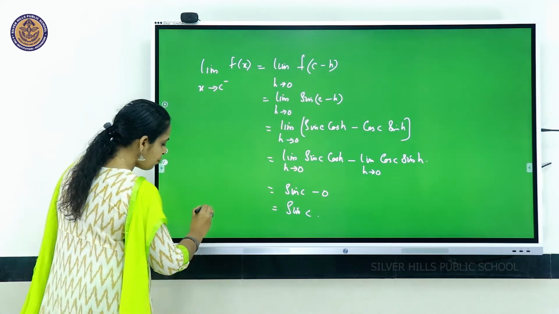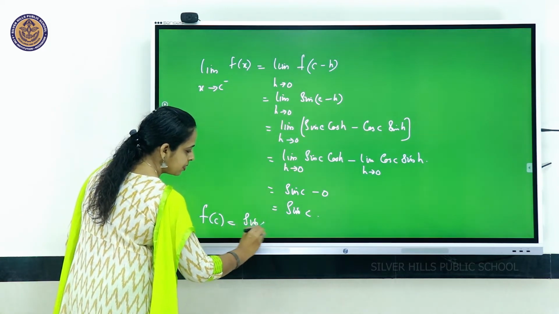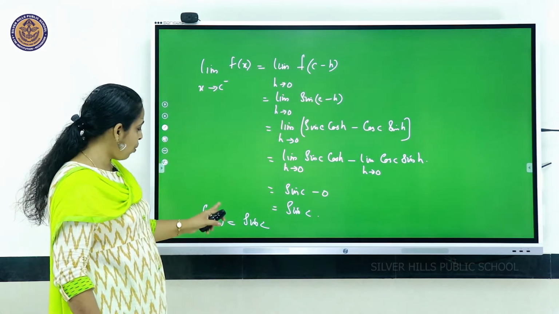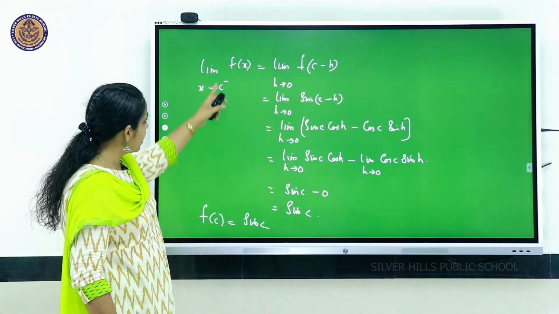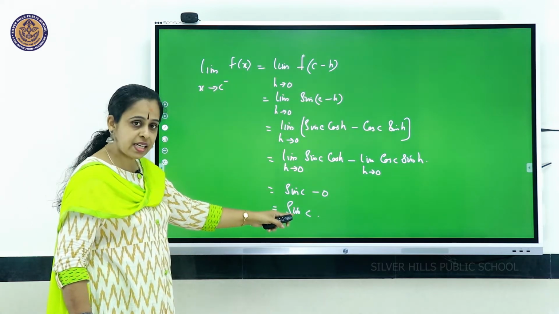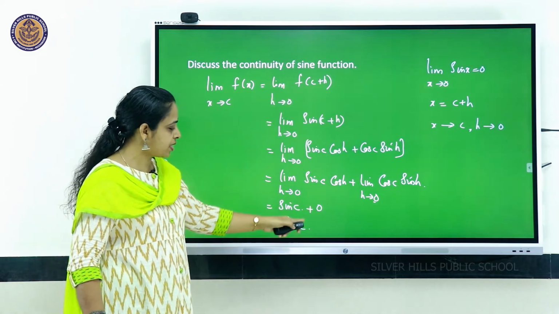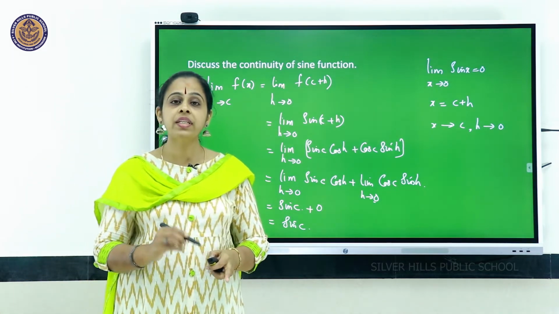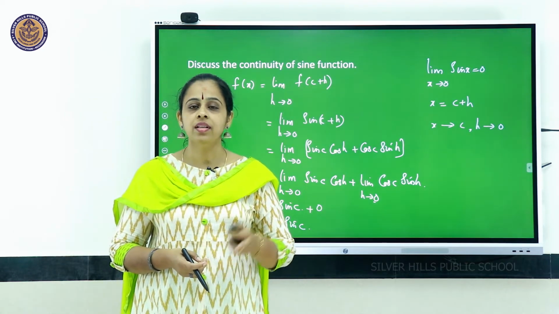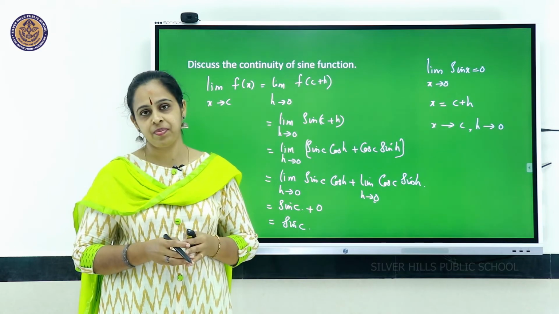Also, f of C will be equal to sin C. That means the value of the function at C is sin C. Left limit is sin C, and the right limit also is equal to sin C. So, what can we conclude? The sine function is continuous everywhere.